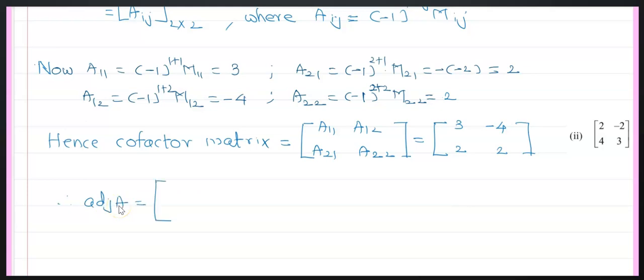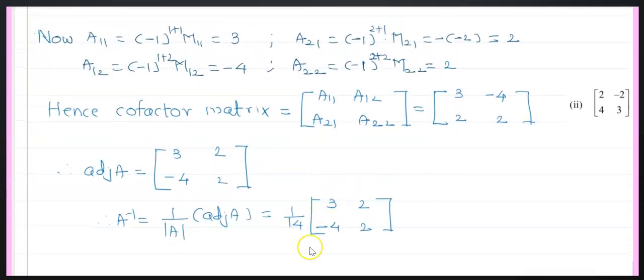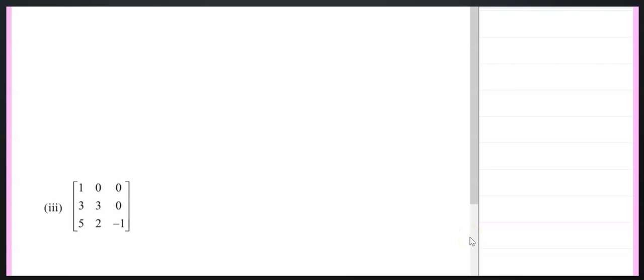Adjoint of A is equal to 3, minus 4, 2 and 2. Therefore, now A inverse is equal to 1 upon determinant of A into adjoint of A. Therefore, 1 upon 14, 3, 2, minus 1, minus 4, 2.